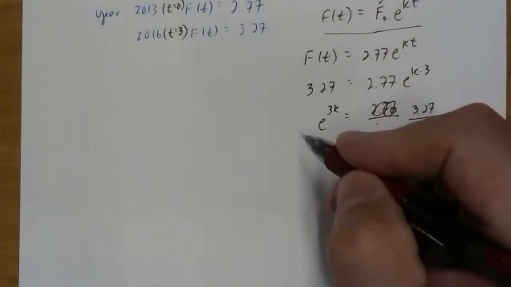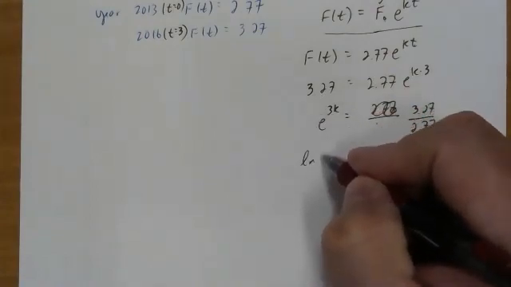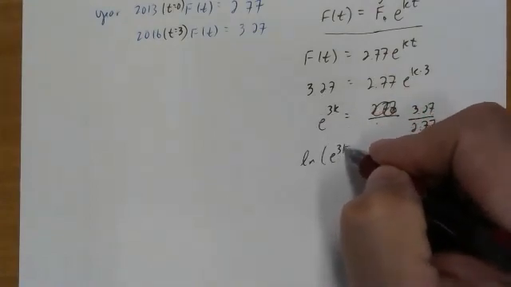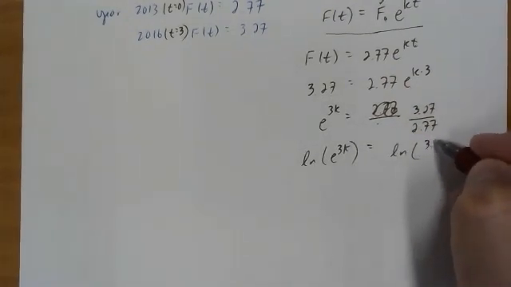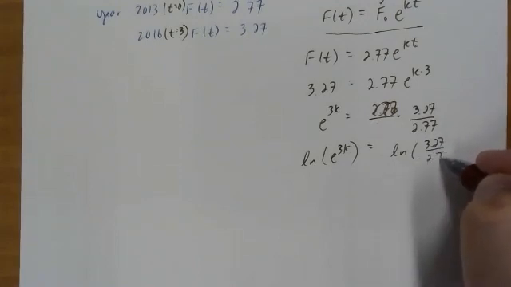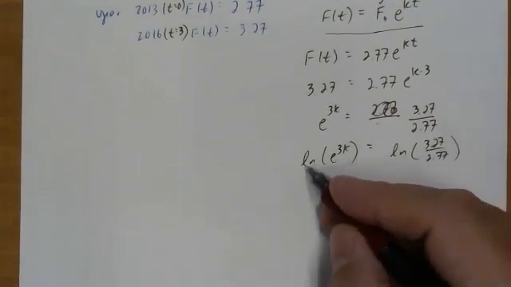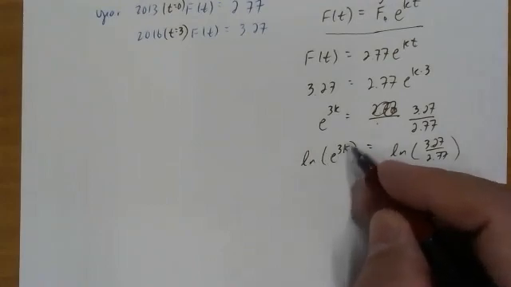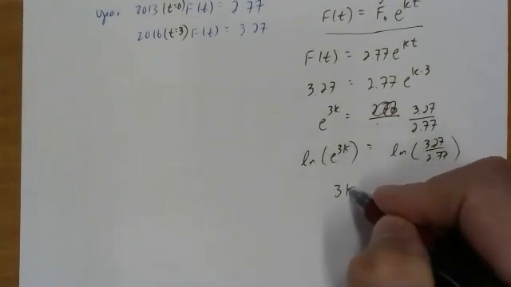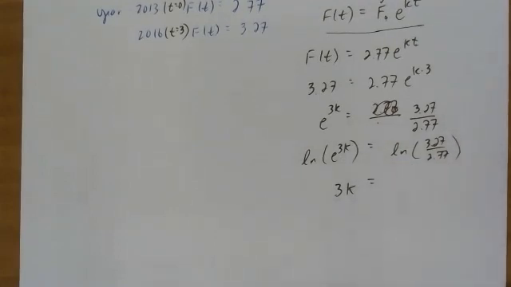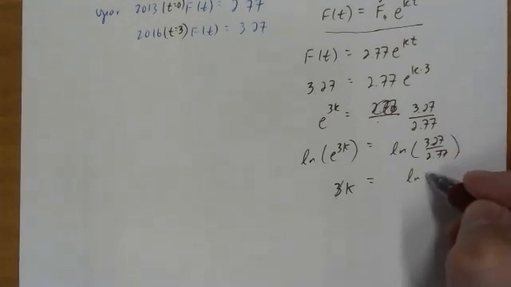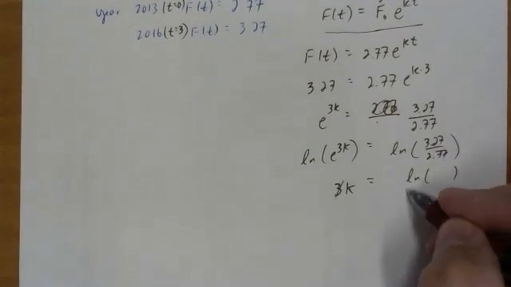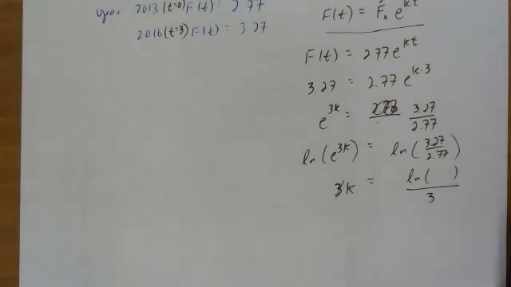I could skip a step, but just one more time, to make it very clear, the natural log of e to this ends up just being the exponent. Now I am going to skip a step because I'm going to divide both sides by 3. So now I have the natural log of all this stuff divided by 3. That should equal k.